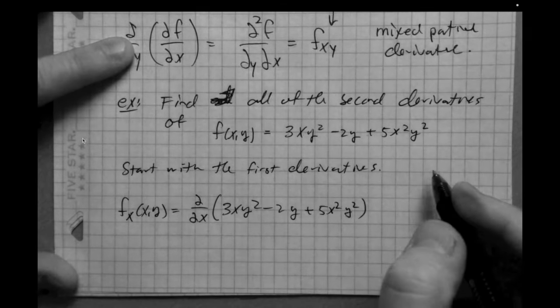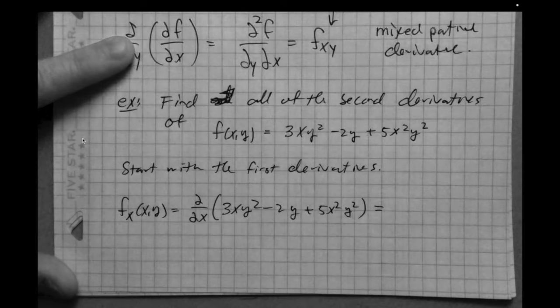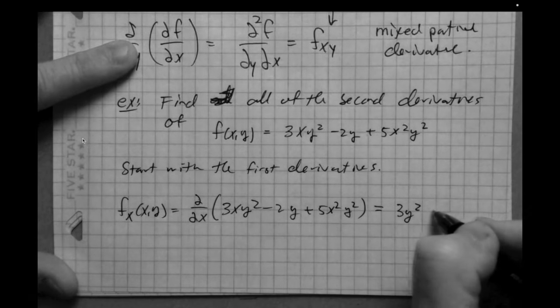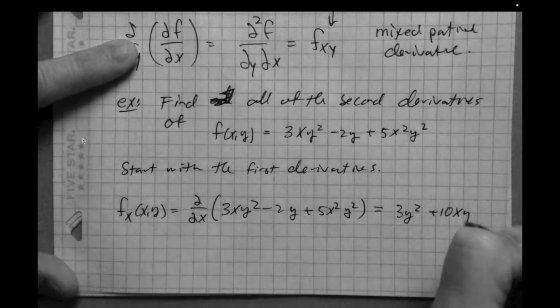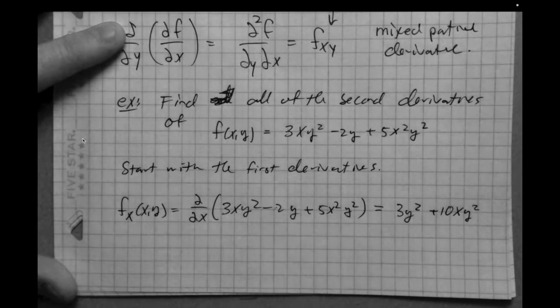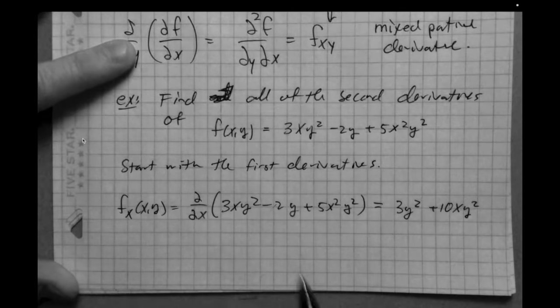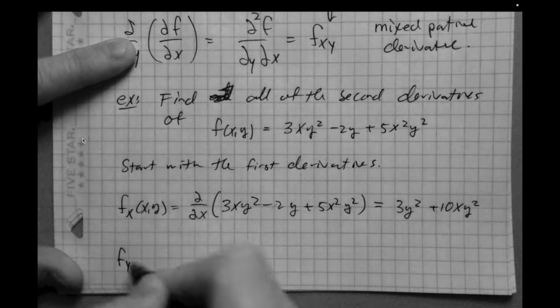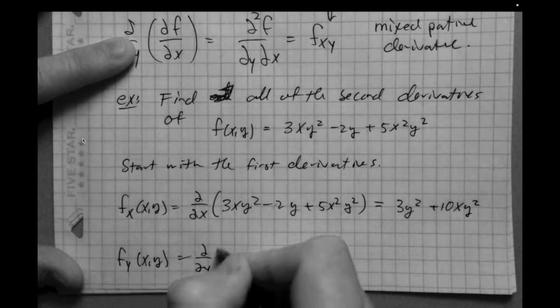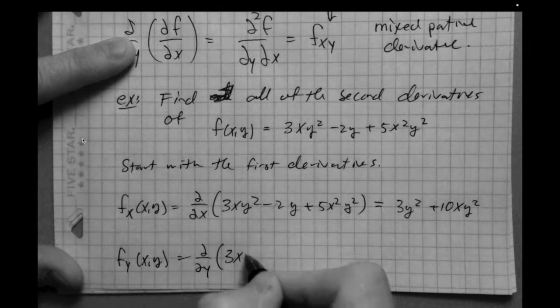And for that we would get 3y squared plus 10xy squared. So this guy in the middle in particular is just a constant. Now what about the partial derivative with respect to y? Same thing here.